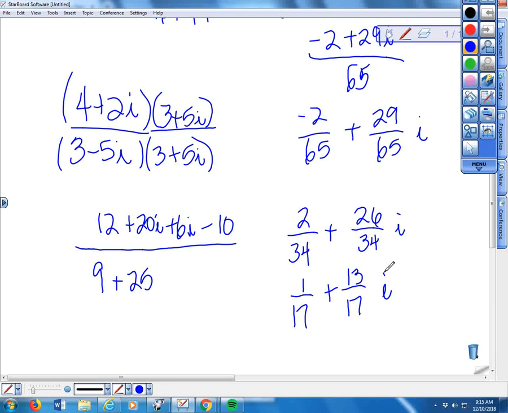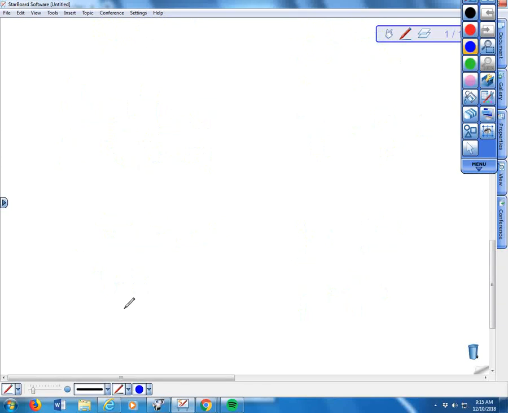Okay, the last section here is solving equations with complex numbers. This is a quadratic, right? Because I'm going to have an x squared term.